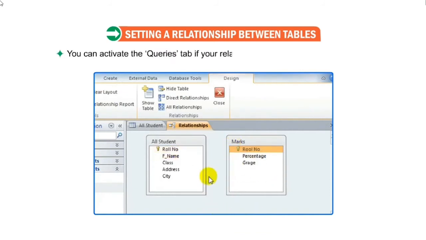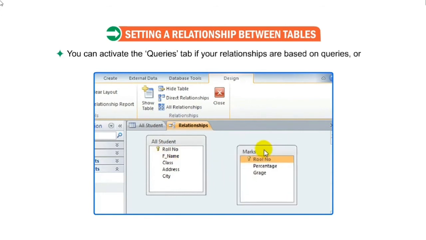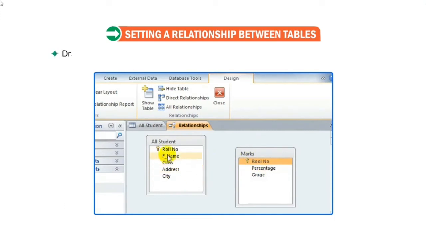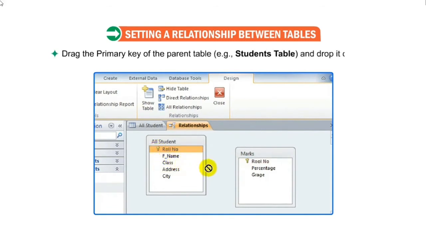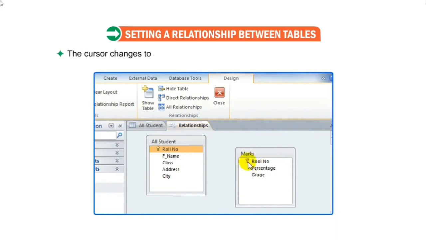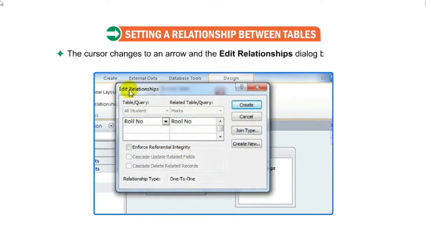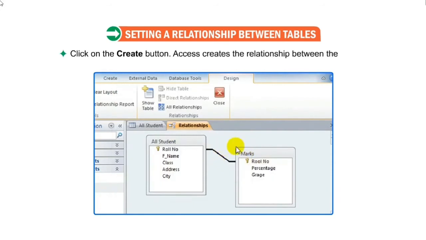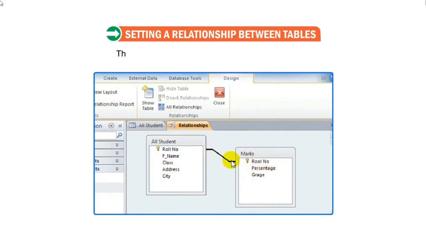You can activate the Queries tab if your relationships are based on queries, or activate both tabs if relationships are based on both the tables and queries. Drag the primary key of the parent table, for example the students table, and drop it over the same field in the child table, for example the marks table. The cursor changes to an arrow and the Edit Relationships dialog box appears. Click on the Create button. Access creates the relationship between the tables.